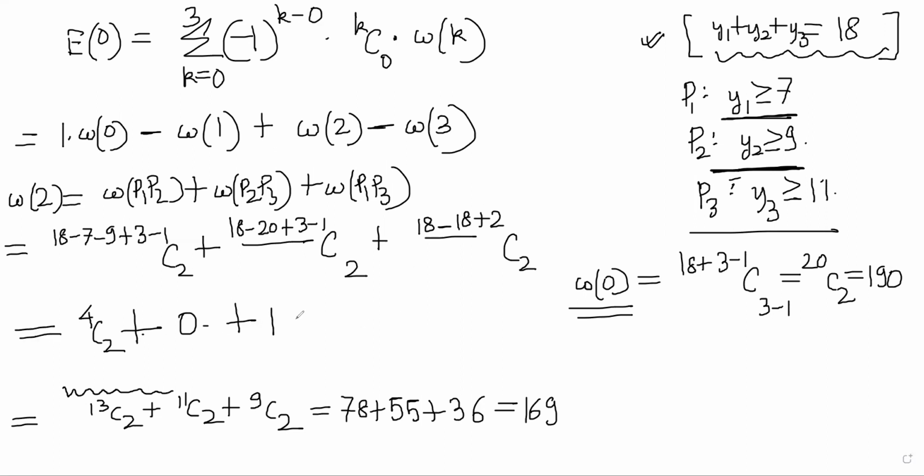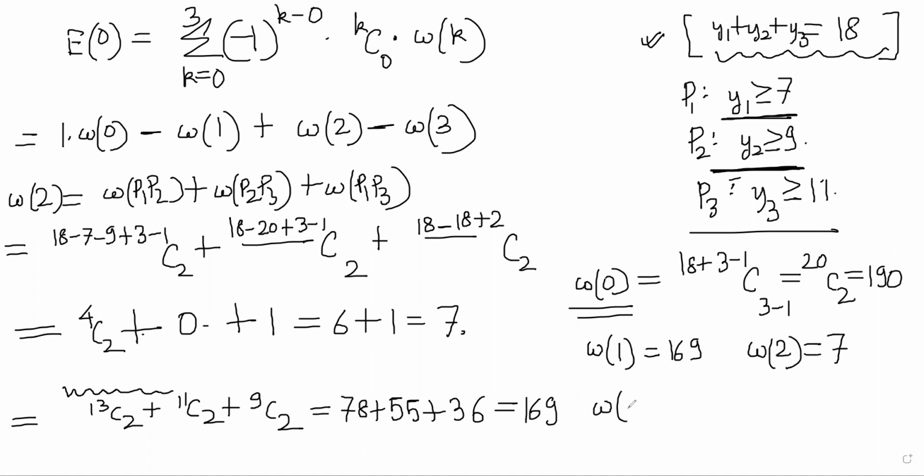So the total number of solutions is coming 6 plus 1 is 7, right? So W1 is 169, W2 is 7, and W3 you will realize is W of P1, P2, P3, but that cannot happen simultaneously. If all three are given 7, 9, and 11, you are getting more than 18. So actually W of P1, P2, P3 is 0. The number of solutions of that happening is 0.